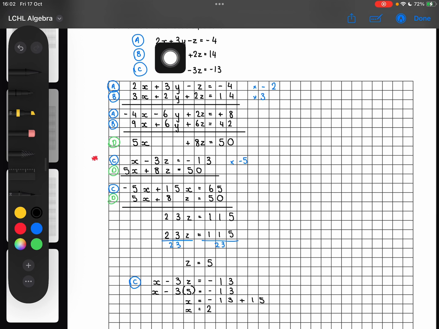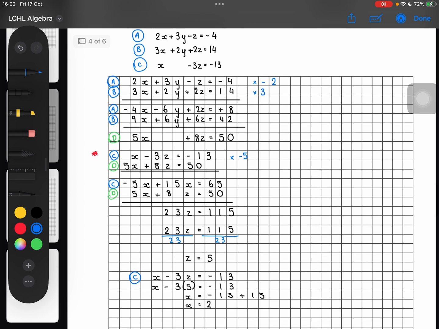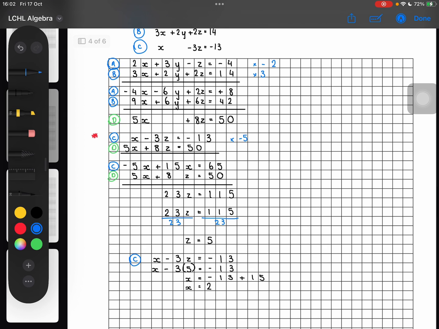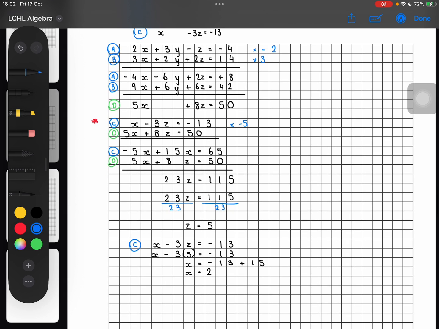And I go up to one of these originals, and I use it to find y. Obviously C isn't going to help me towards finding y, so I have to use A or B here, whichever one looks easier. So I'm going to use B. I'm just going to have to take it down from here because I can't see the question, so apologies for that.